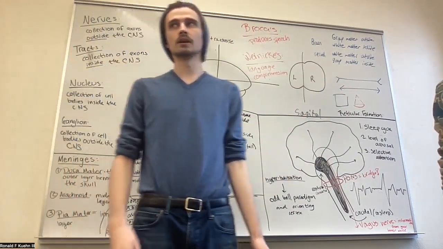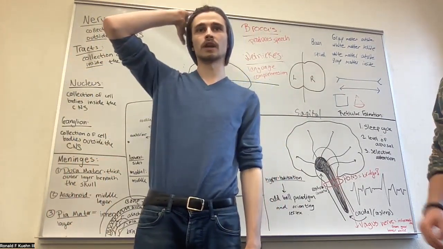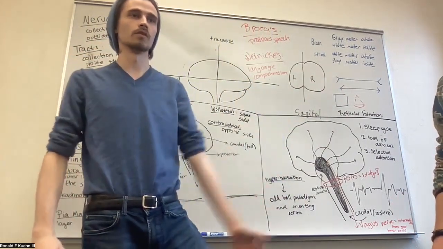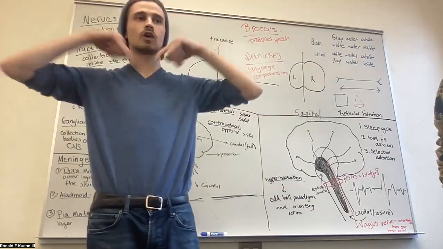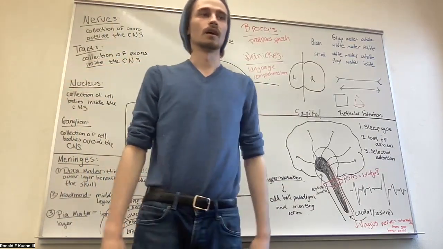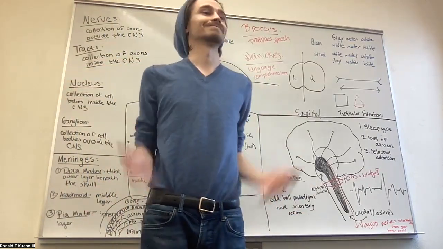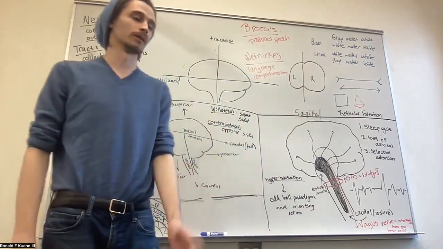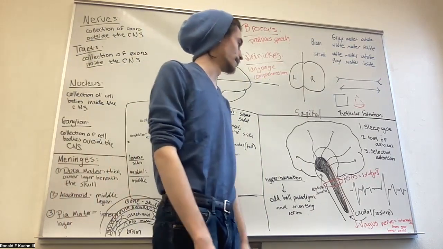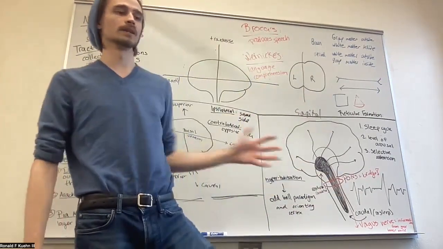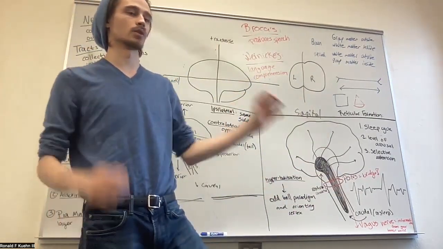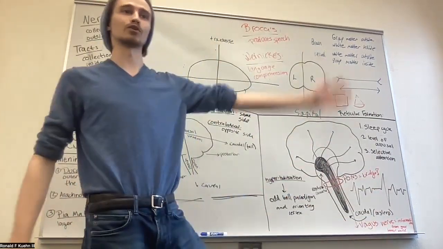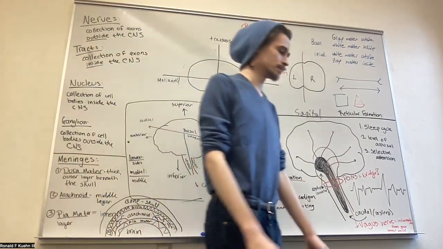Thanks to the pons, the information is carried from the right side of the brain to move the left side of the body, because the information crosses over at the pons. That's for motor information specifically. So movement of one side of the body is correlated to the opposite side of the brain. That is contralateral movement.